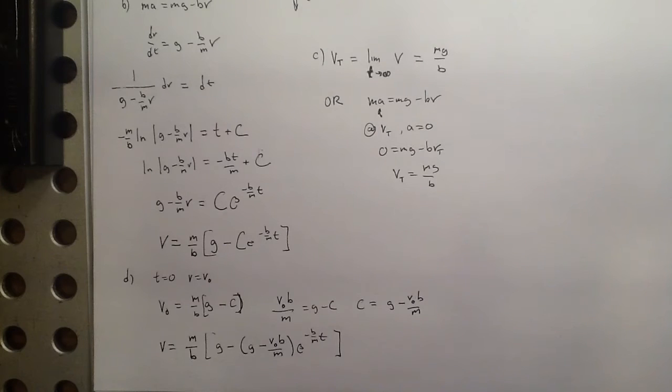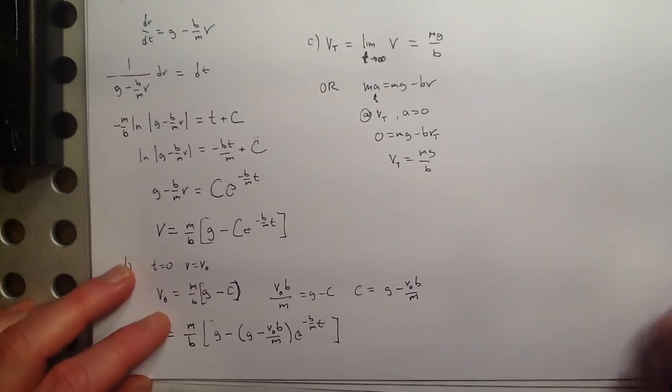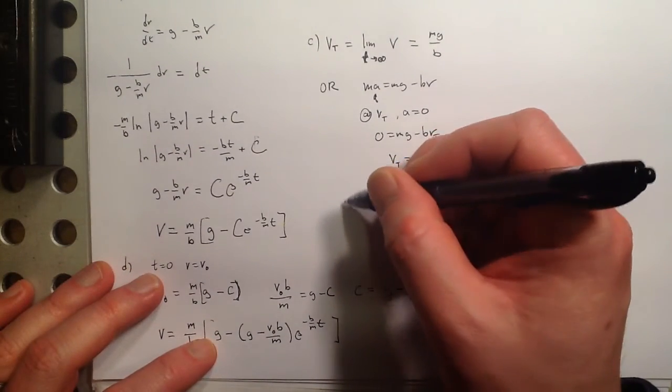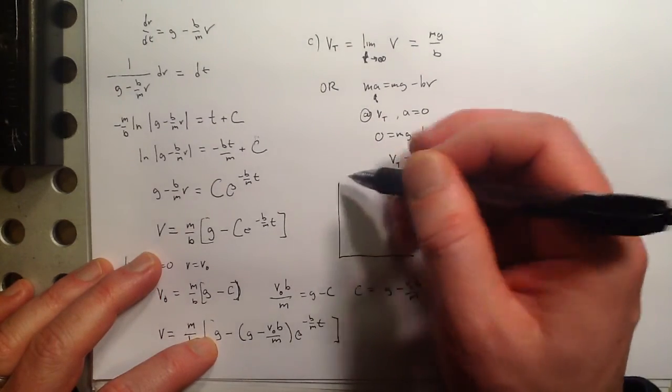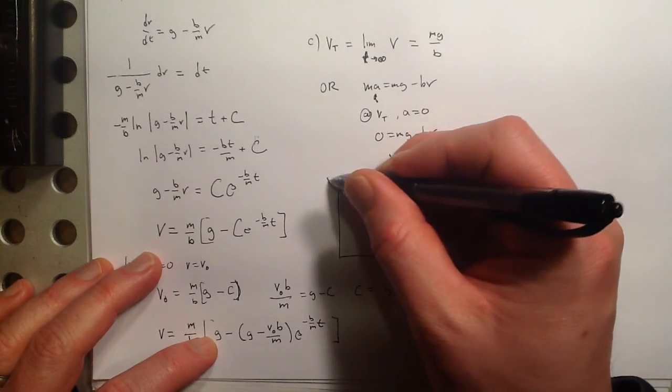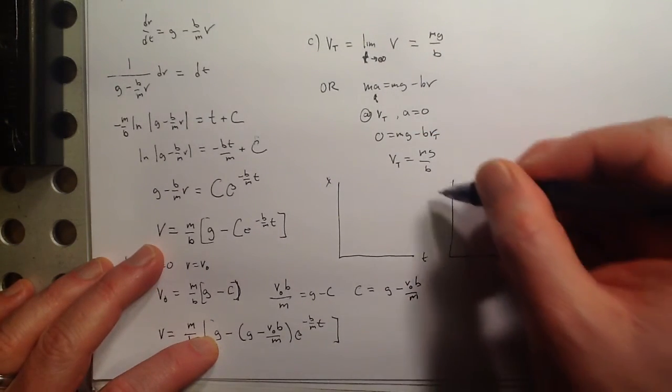And then we're going to sketch the graphs of these things. They're going to be really similar to what we saw in number 1. Similar, I guess, but not the same. So position versus time, velocity versus time.